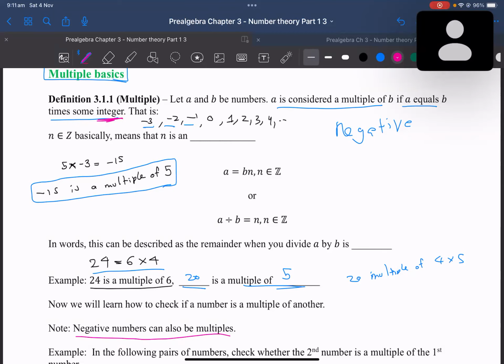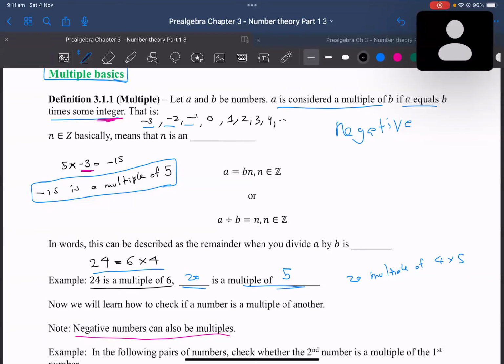Another student says a multiple of 5 has to end with 5 or 0, and it ends with 5, so yes. That's the divisibility rules. That's very good, and that's the next section. But we also saw that it's just 5 times -3, and -3 is a whole number. So then it's a multiple. So negative numbers are also multiples.